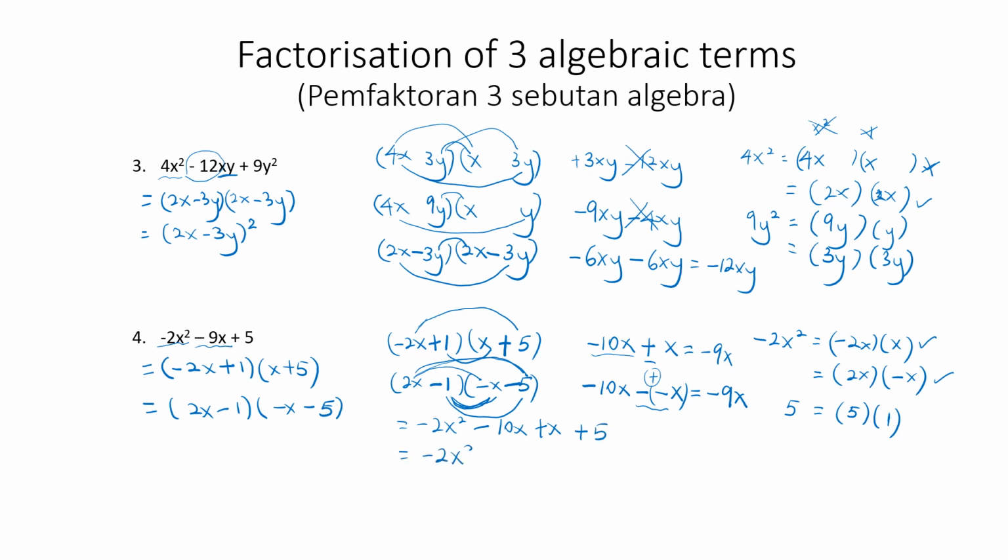Negative 2x squared minus 9x plus 5. So you can double check your answer by doing expansion. So for question 4, you can have 2 answers.